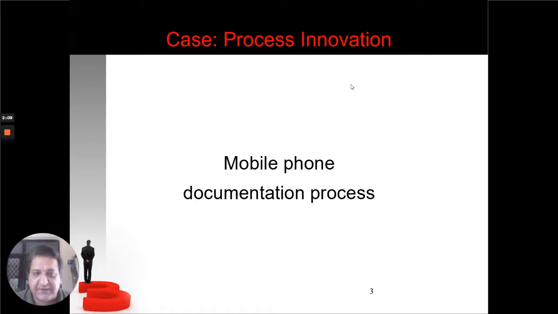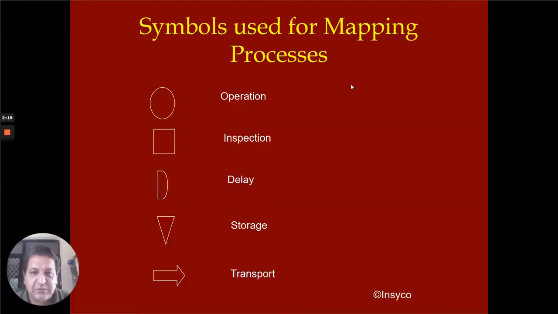Let's take an example. Say the mobile phone documentation process. Whenever you buy a mobile phone, there's a certain documentation that needs to be done. Now, in order to map a process, we can use these 5 symbols.